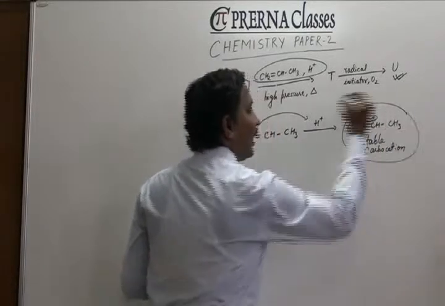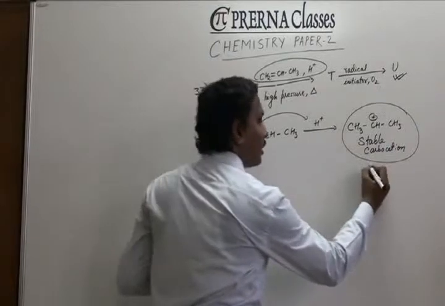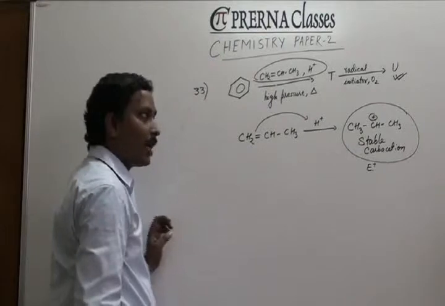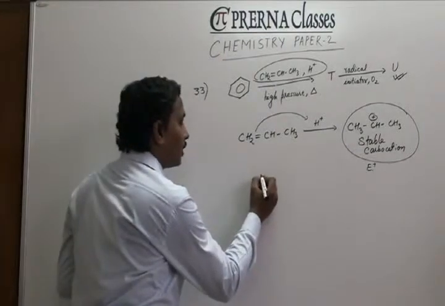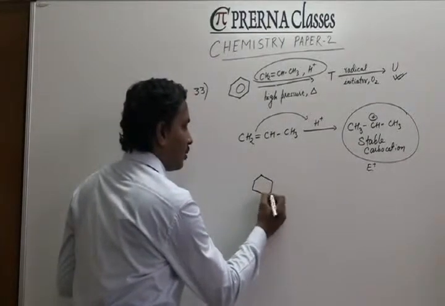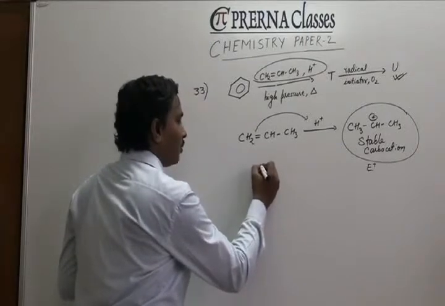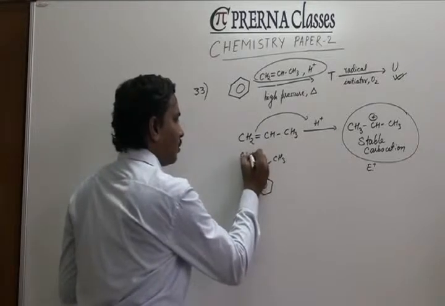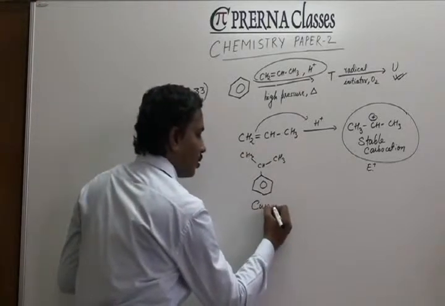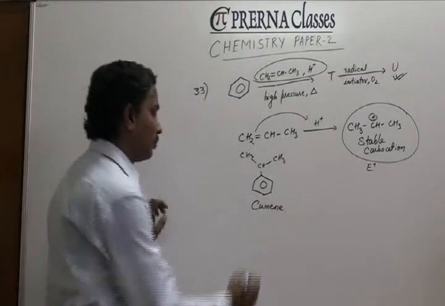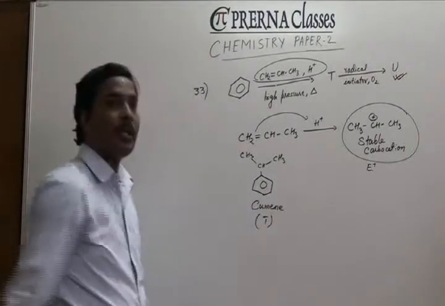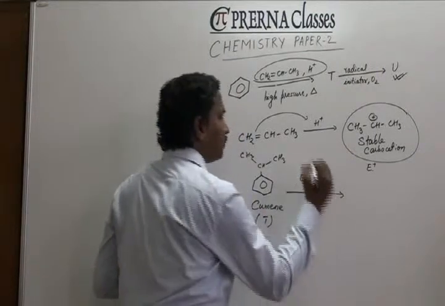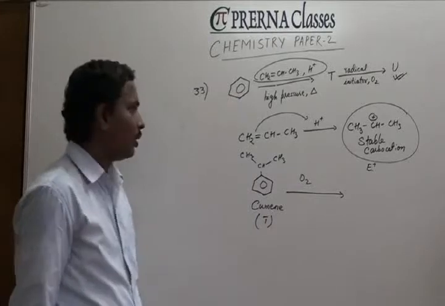Now it acts as an electrophile. If it acts as an electrophile, it reacts with benzene in an electrophilic substitution reaction. So the product P is cumene. Now it reacts with O2 with a radical initiator.